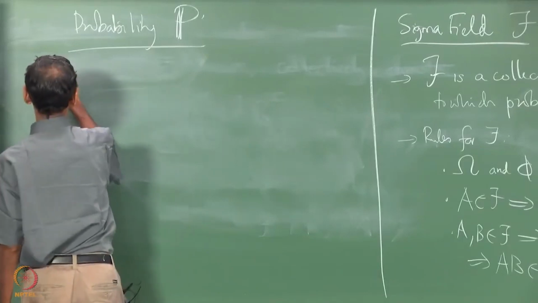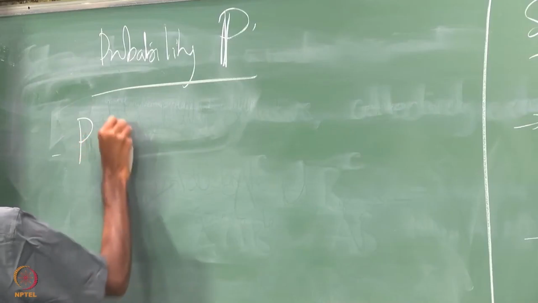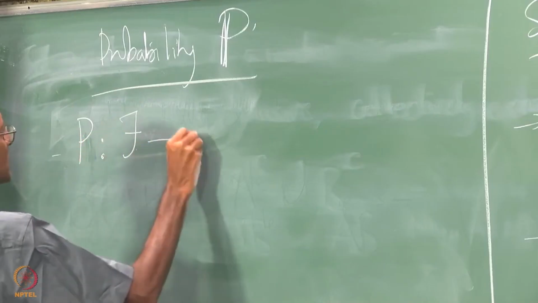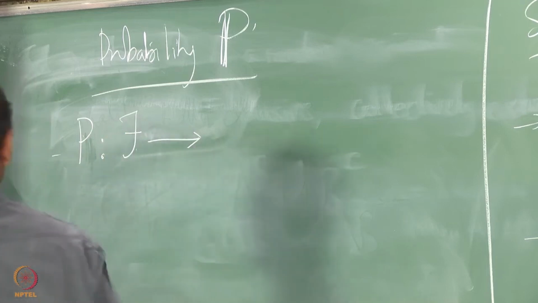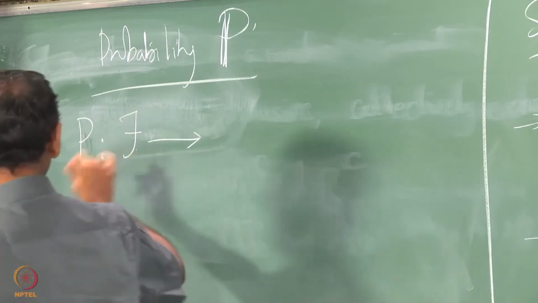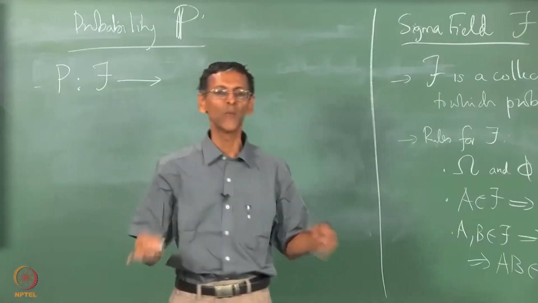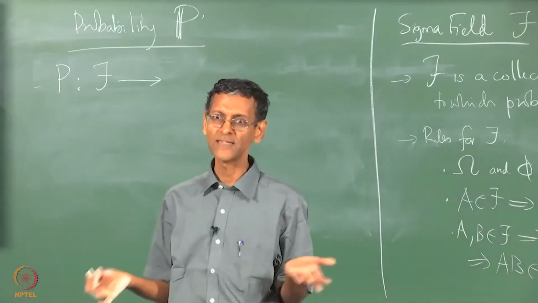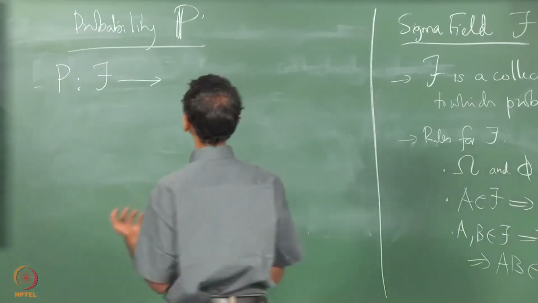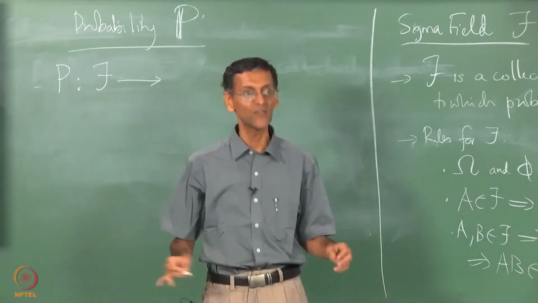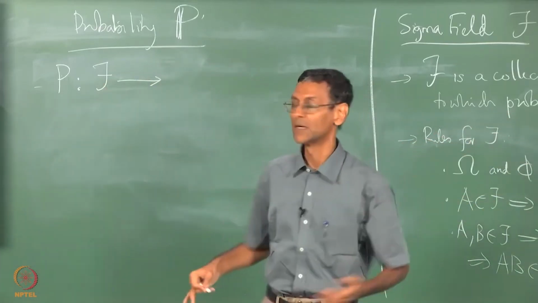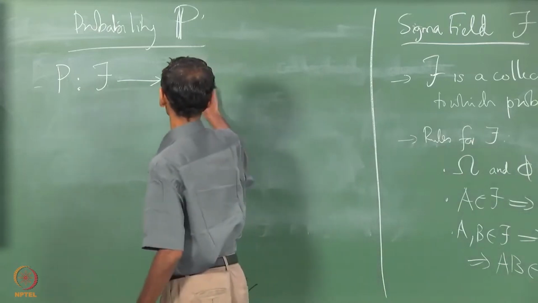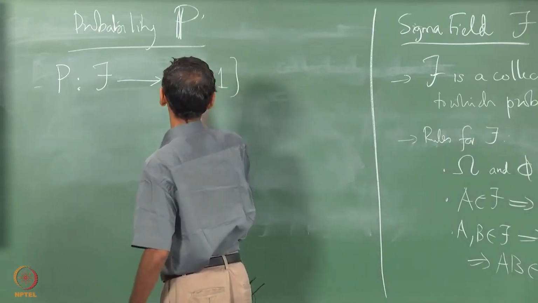So fundamentally this P is a function that takes you from this set F to what? The P itself has a domain and range. We all know about domains and ranges of functions. So, the domain of P is this F, which means every set in F has to be assigned a number, and this number is in the closed interval 0 to 1.